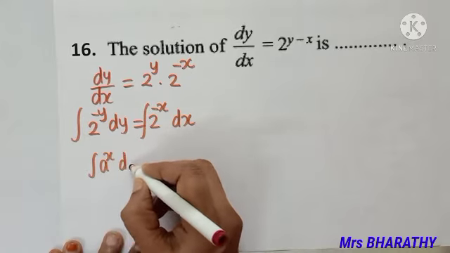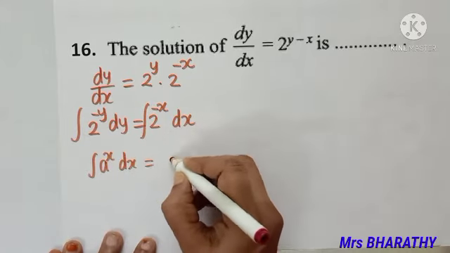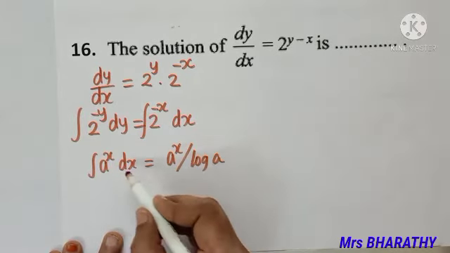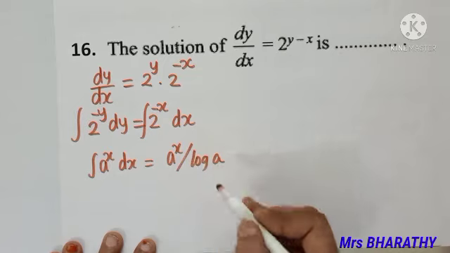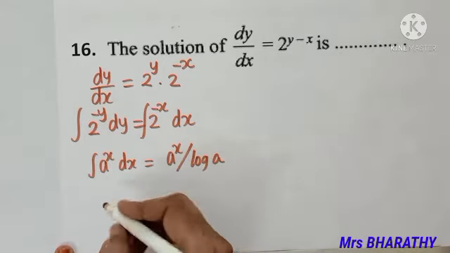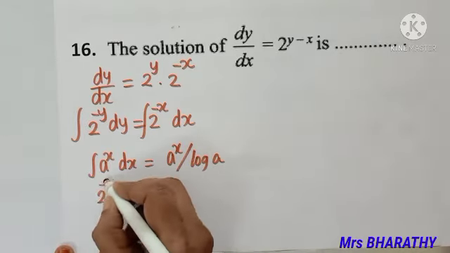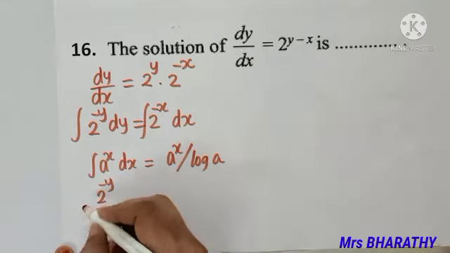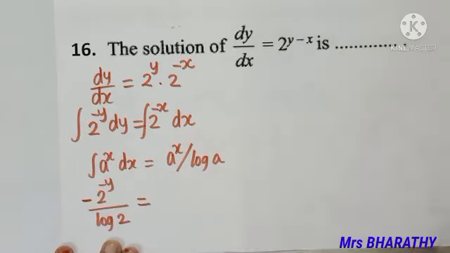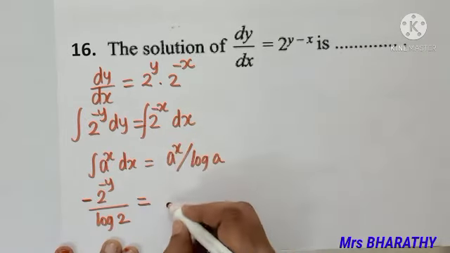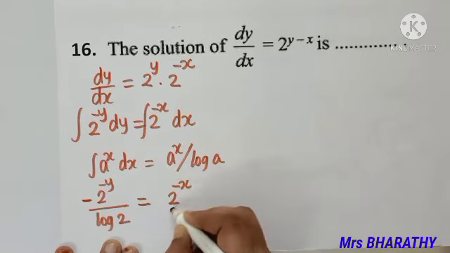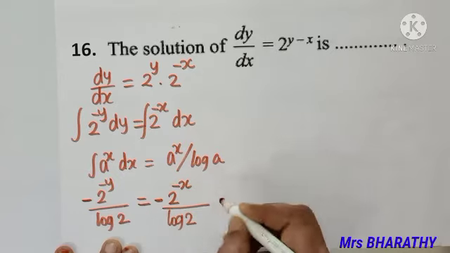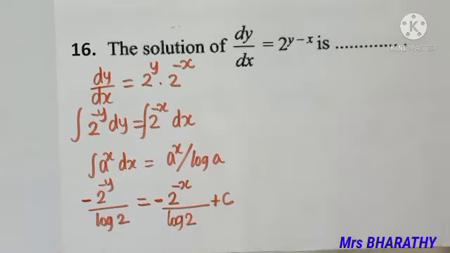Remember the formula, integral a power x dx is a power x by log a. Applying that here, it is 2 power minus y by log 2. Because minus y is coming, put minus symbol. Similarly, 2 power minus x becomes 2 power minus x by log 2. Because minus x is coming, put minus symbol, plus c.